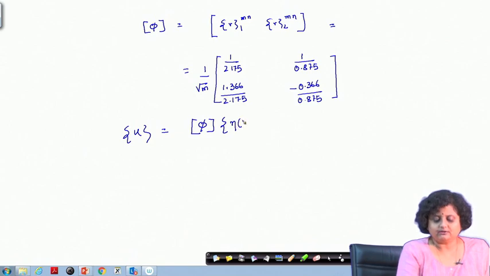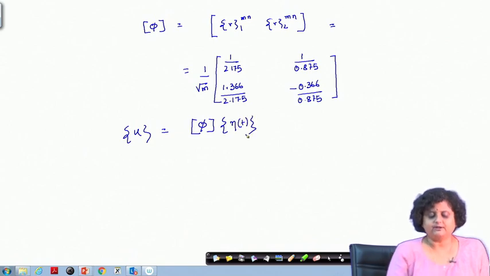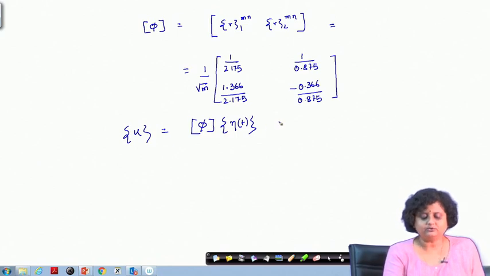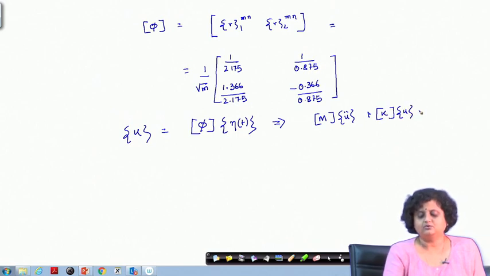the natural coordinate or the generalized coordinate, and substitute this into the equation of motion, which is M u double dot plus K u is equal to 0.